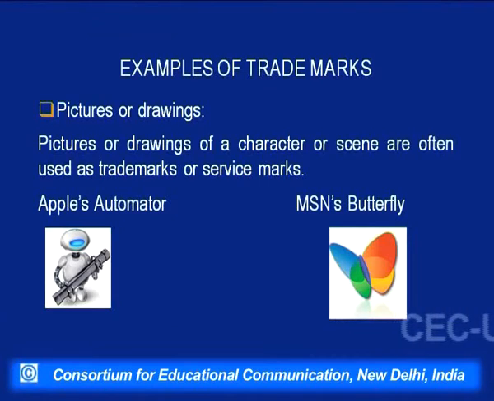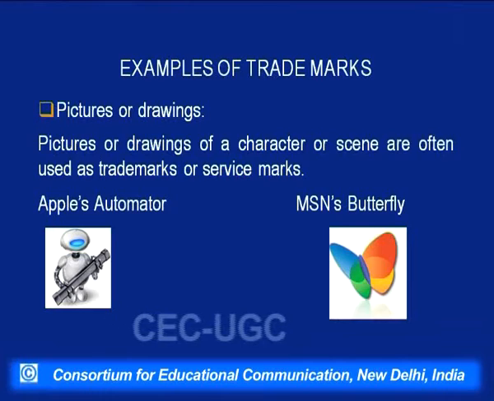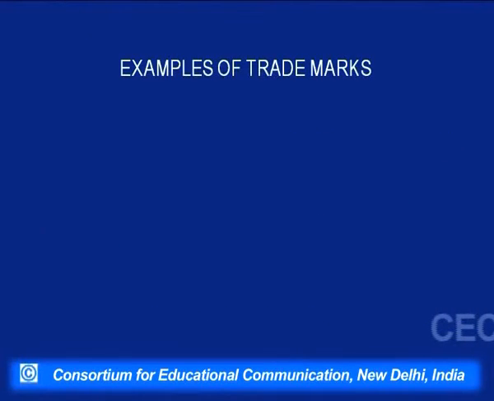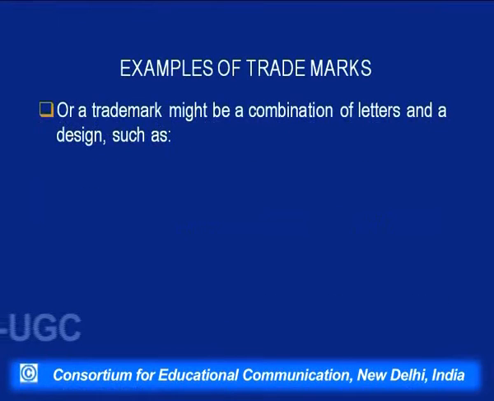So these examples can easily make you understand that a trademark can be given on logos, on pictures or drawings, on words or letters, and there are a few more things to be included in this category, or to properly and squarely fall into this category. Let us see what those are.